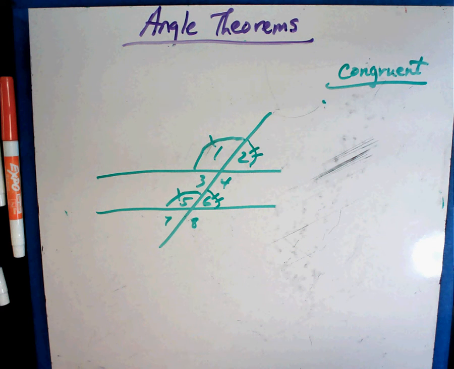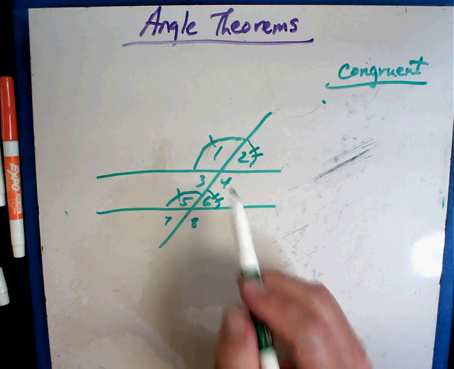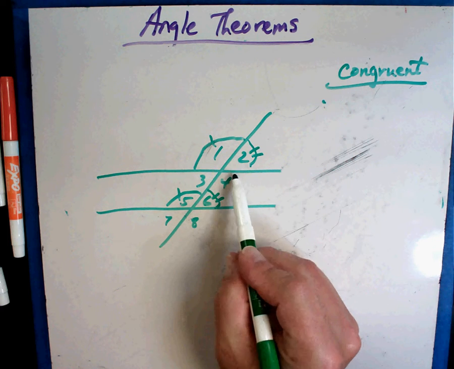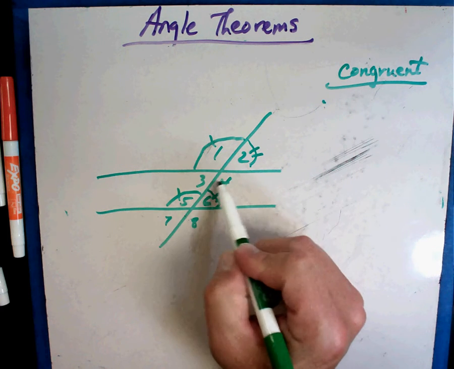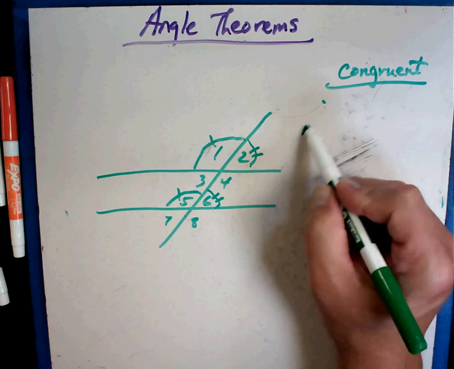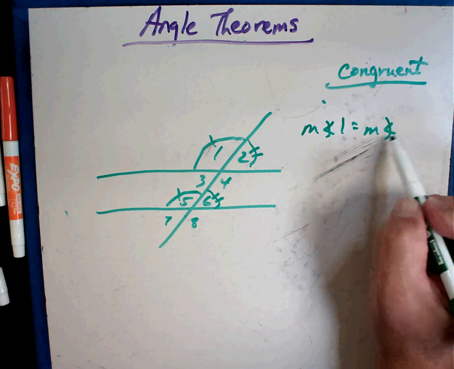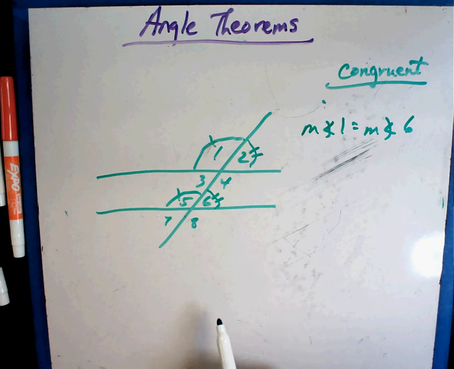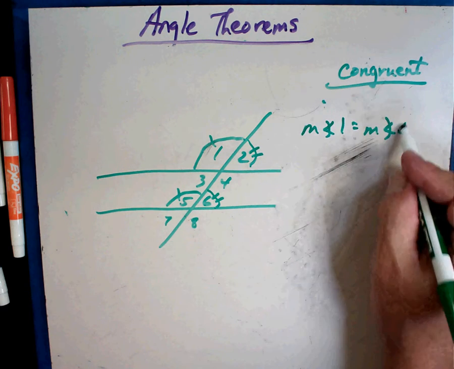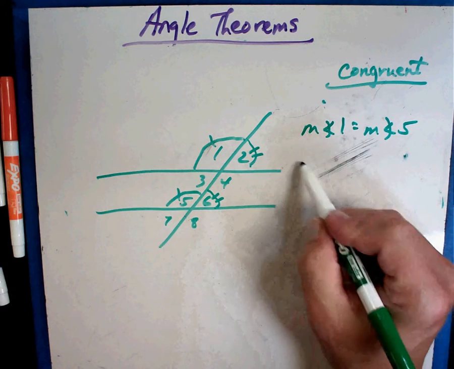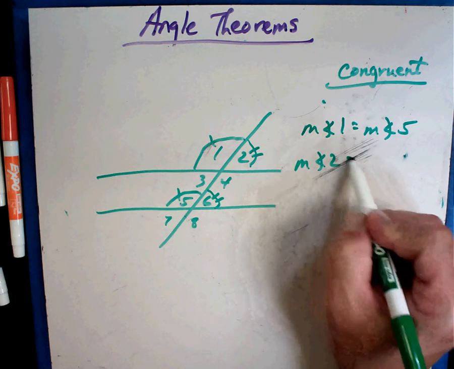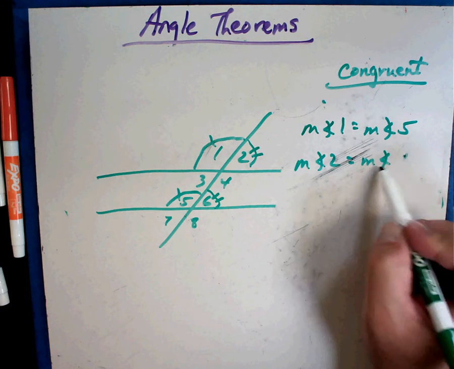I also know about alternate interior angles. So if I go across here, for example, I can say that the measure of angle 1 equals the measure of angle 5. 1 and 5 are equal. The measure of angle 2 equals the measure of angle 6.